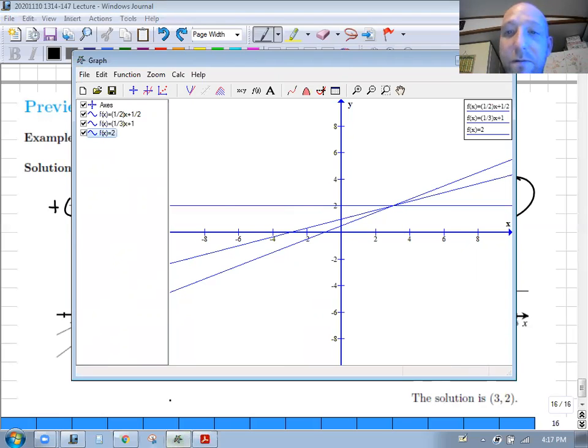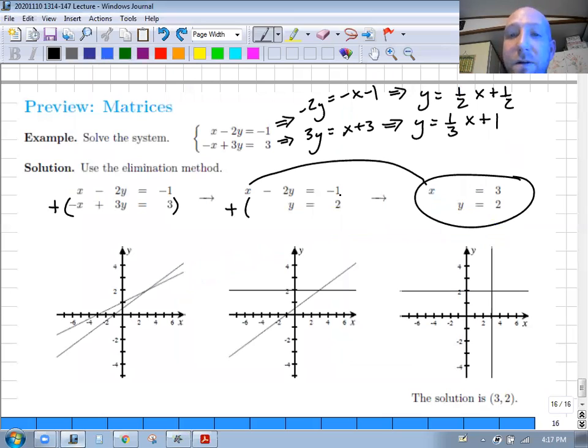Okay. And then once we had this y equals 2, we looked at this and we needed to eliminate the y's to get an x. So if we multiplied both sides by 2, we did that because if we add that together, that goes away and we got an x equals 3.